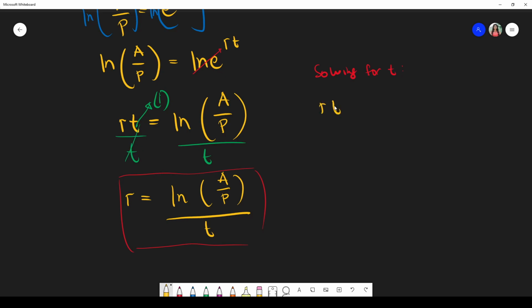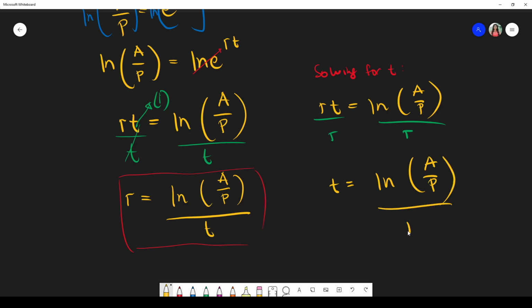So r times t is equal to ln A over P. We just have to divide this side by r to isolate t, and this would leave us with the formula t is equal to ln of A over P divided by r. And that's how we solve for the time of the population growth if t is our unknown.